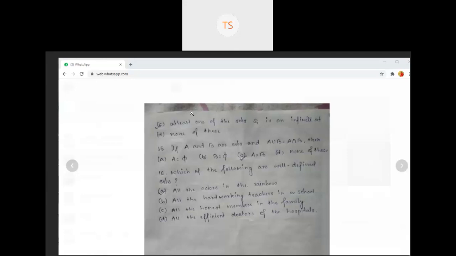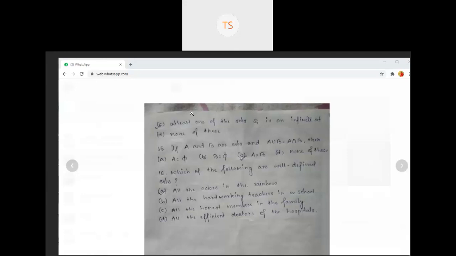What is the definition of honest? It is also a relative term, so it is not forming a set. And the last option, all the efficient doctors in the hospital. Same as this, efficient is a relative term, or you can say it is not a well-defined term. So the last sentence is not forming a set. So the correct option is option A.